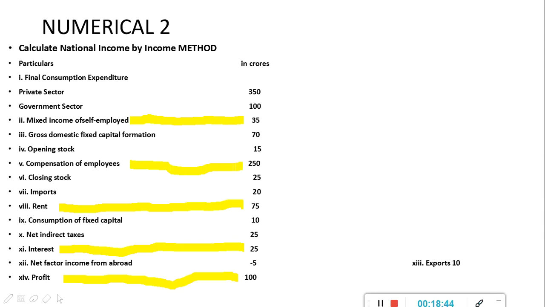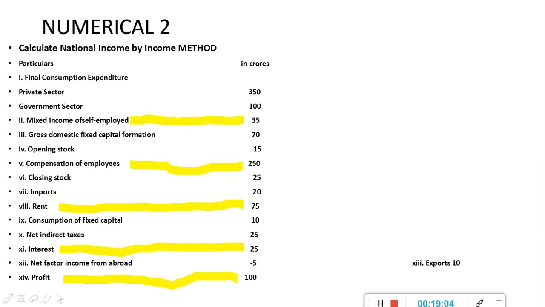Operating surplus is not given separately, so we will consider the components of operating surplus, that is rent, interest and profit. Rent is given as 75, interest is 25, profit is 100.